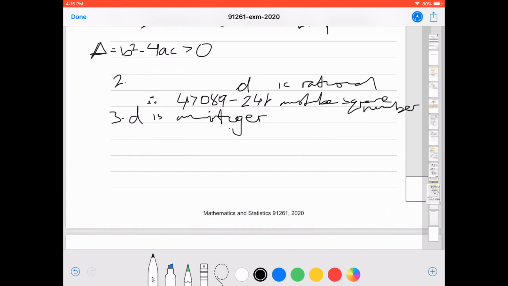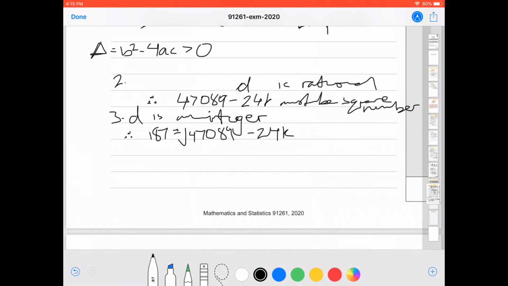And so if D is an integer, therefore, they say 187 plus or minus the root of 47089, basically minus 24k.